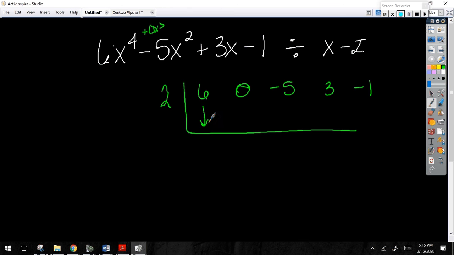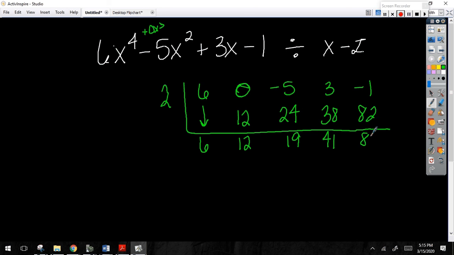All right, so I'm going to drop, get a 6, multiply, and add, multiply, and add, multiply, and add. Oh, my numbers are getting big. This is what I get for making it up off the top of my head. And multiply, come on, and add.